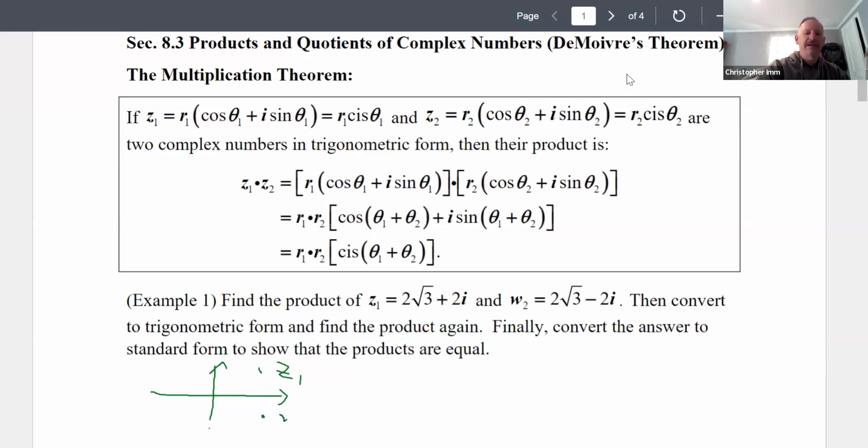So here would be w2. Remember, we can go ahead and construct that triangle out there. So when we look at that, we have 2 root 3 in the real plane, and we have 2 in the imaginary plane.